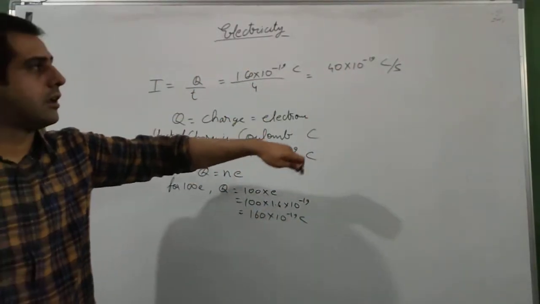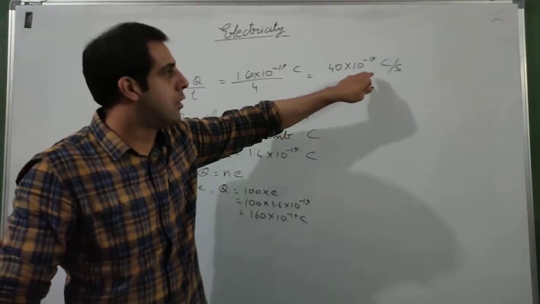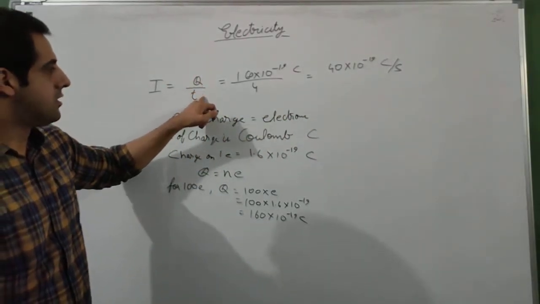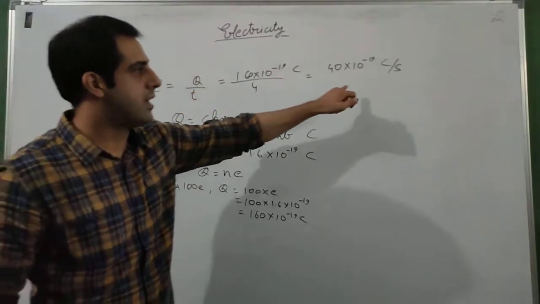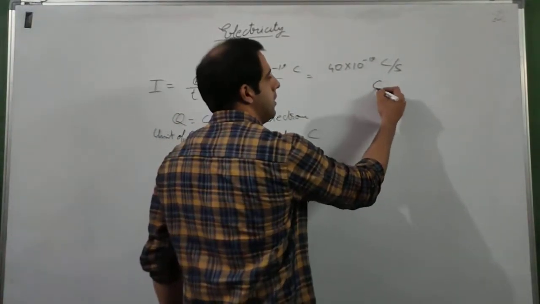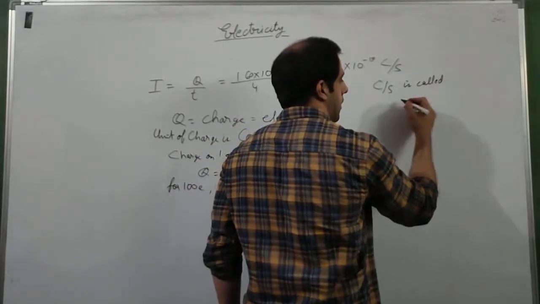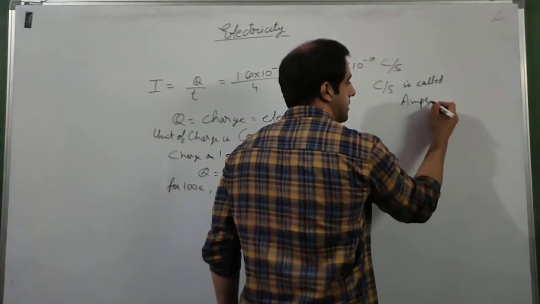The unit of time is second. So what will be the unit of current here? Coulombs for charge, second for time, so coulomb per second. This coulomb per second is called amperes.